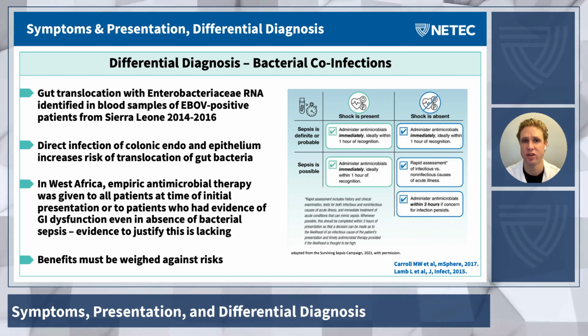So in fact, the 2021 Surviving Sepsis guidance, which are the newest iteration of these guidelines, state that if patients do not present in shock, we can wait in terms of administering antibiotics or other antimicrobial therapy, provided we do further investigative tests. If shock is present, of course, it is completely reasonable and is advised to administer empiric antimicrobial therapy. But keep in mind, if shock is absent, this may be difficult to distinguish whether patients have sepsis or not.